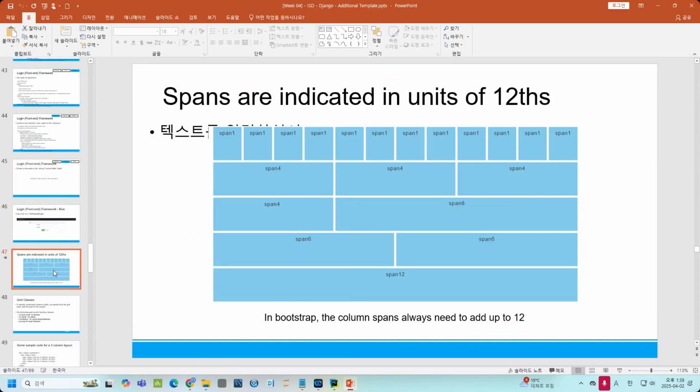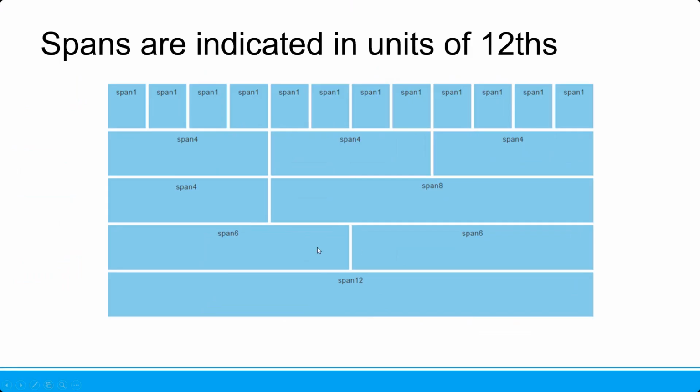In the bootstrap, I think in the first part of the bootstrap, I explained very briefly about this. So in bootstrap, they have the span. The span they divide into 12. So the whole page, it means span equals to 12. If you want to split the page into two, then it means the span equals to 6.